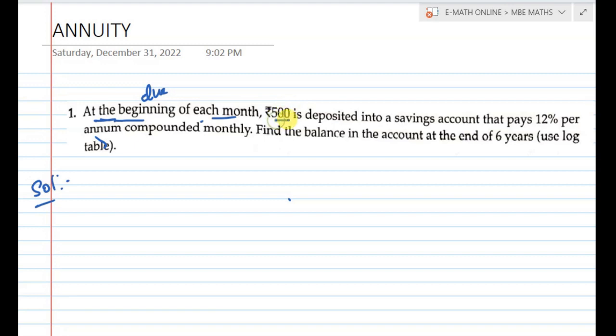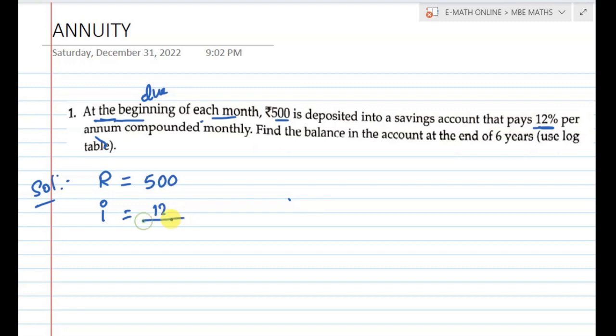And how much was deposited? 500 rupees in the savings account, which pays 12%. So write down payment R equal to 500 rupees. And rate of interest I was, since he is doing it every month, each month, that means it was a case of monthly.